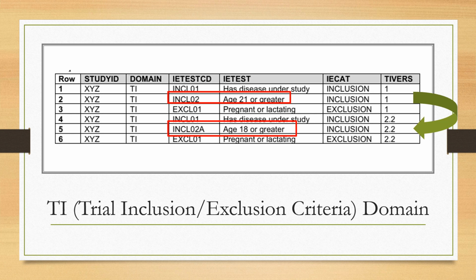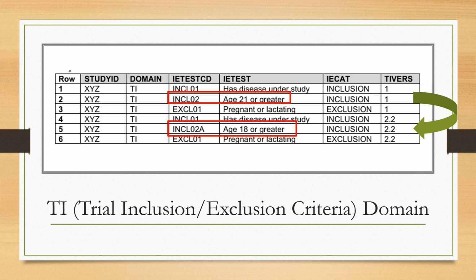Here, the one-to-one mapping of IE test CD and IE test is maintained. Please note here that the TI version defines the values of the protocol versions from which the complete set of inclusion exclusion criteria are taken.